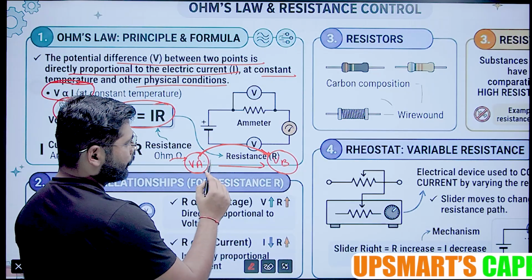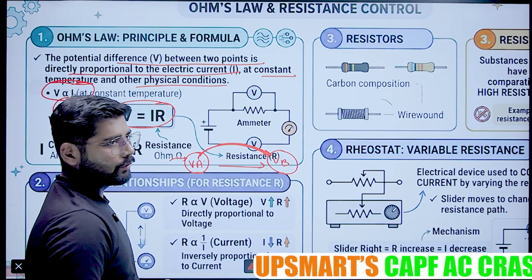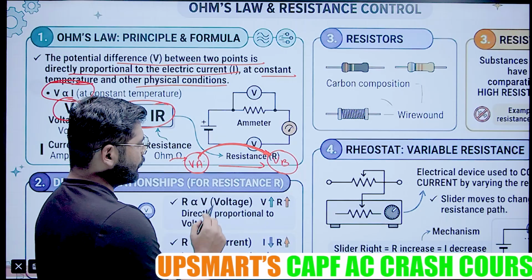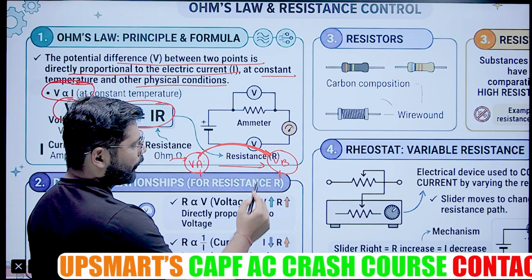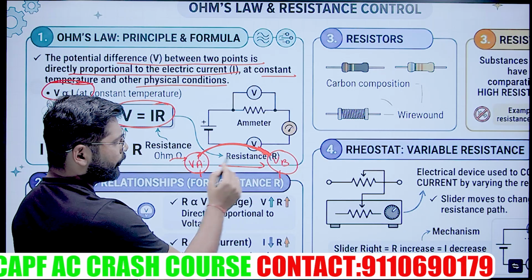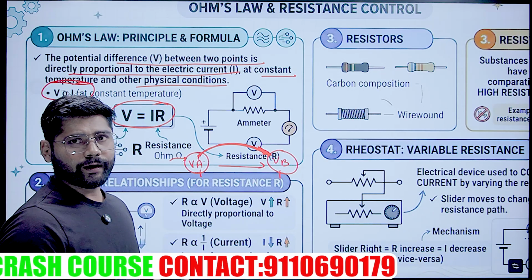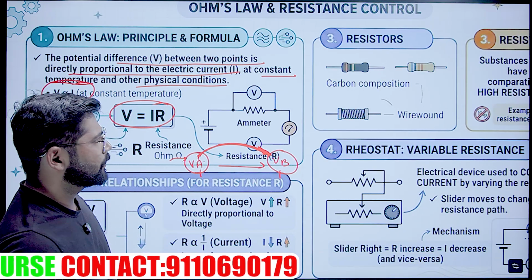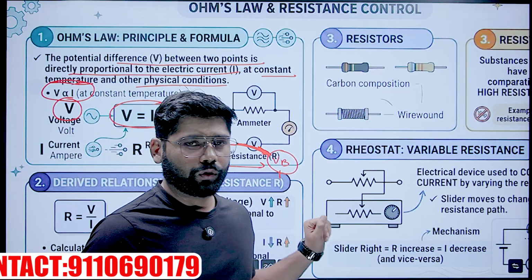The current flowing from A to B is equal to the potential difference between point A and point B, because the current flows in the same amount and creates the difference there. That is nothing but Ohm's law.